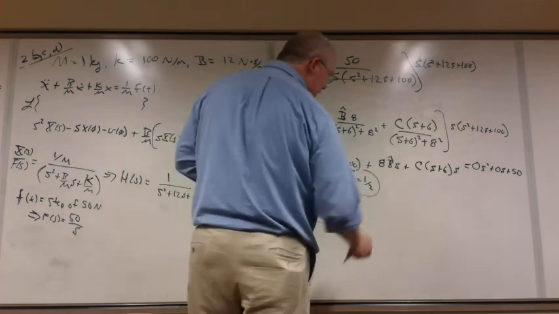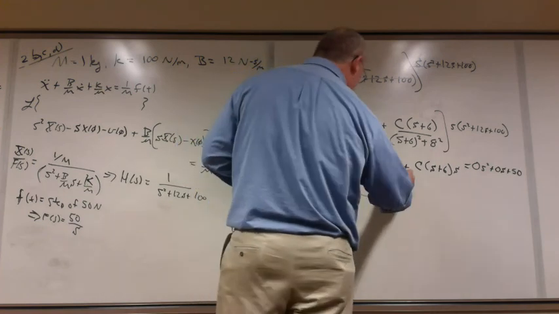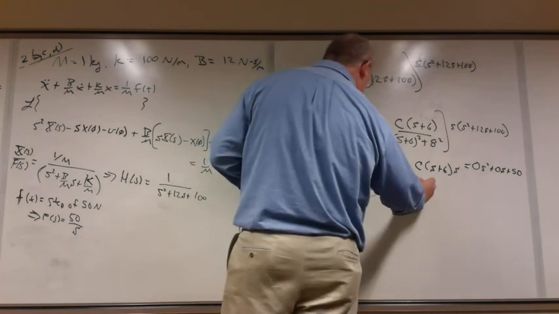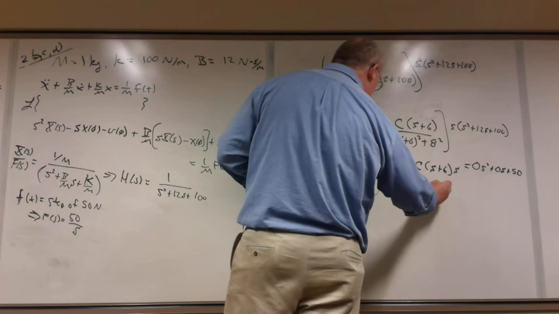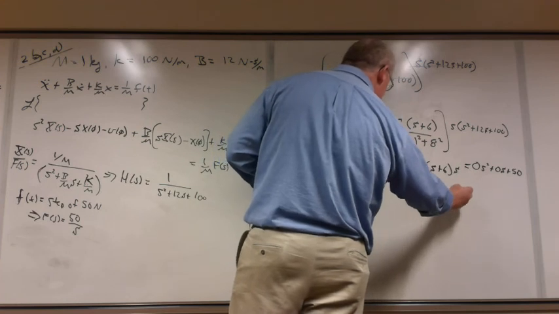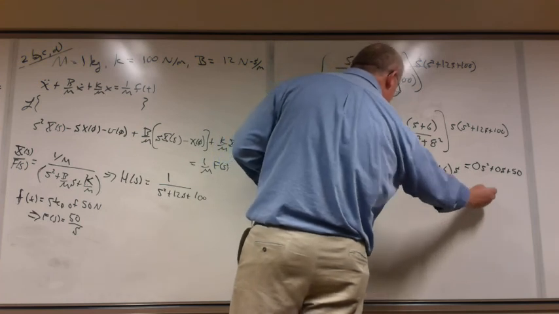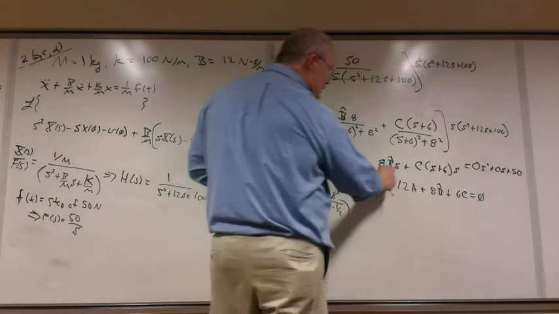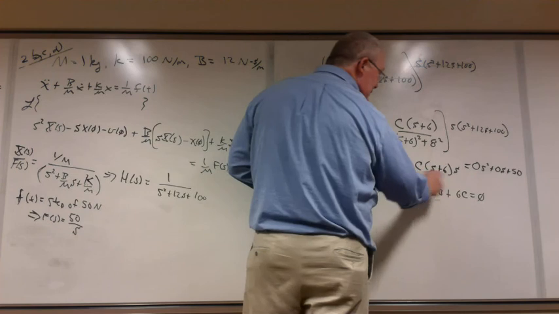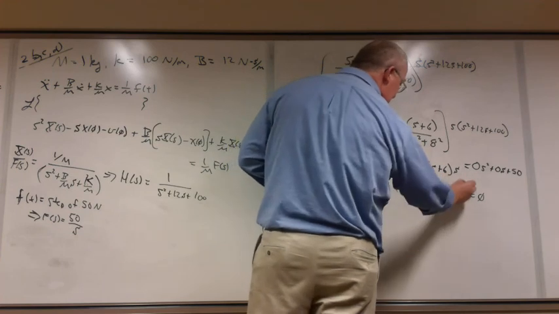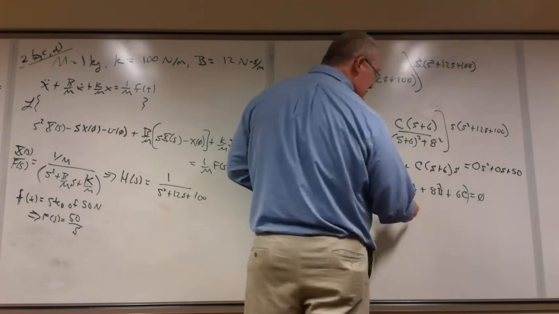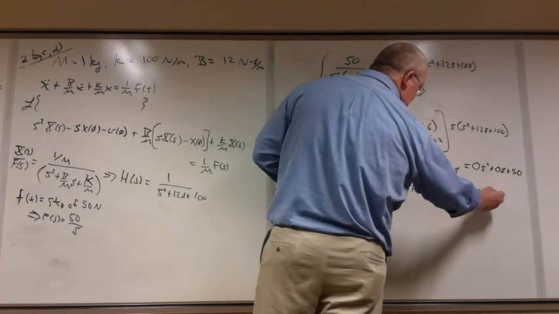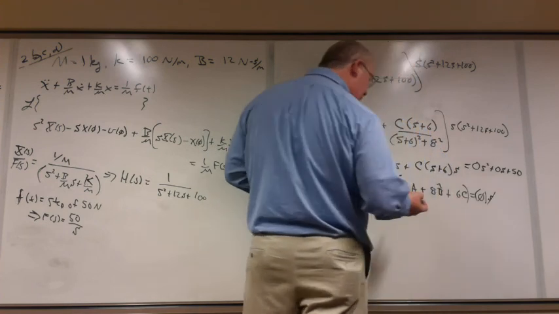The 8b hat is the hardest one to get. We have 12a plus 8b hat plus 6c is equal to 0. Where'd that come from? 12a times s, 8b times s, 6c times s. So we can multiply this all, that's the s term, this times s, but of course those cancel out.